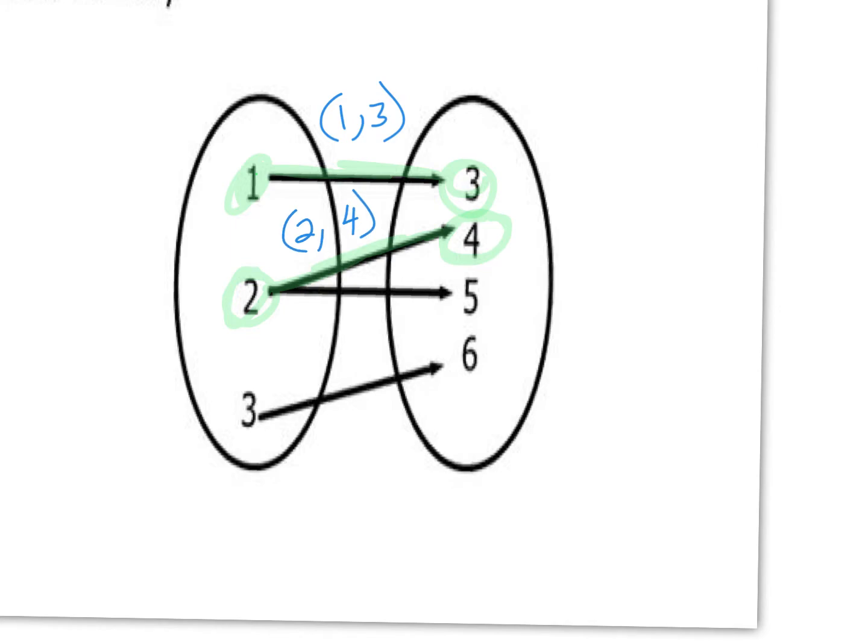Now again, we're going to start at 2. We're going to go to 5 this time. So this is the coordinate 2, 5. And then we have 3 going to 6. So we have the coordinate 3, 6. Okay.